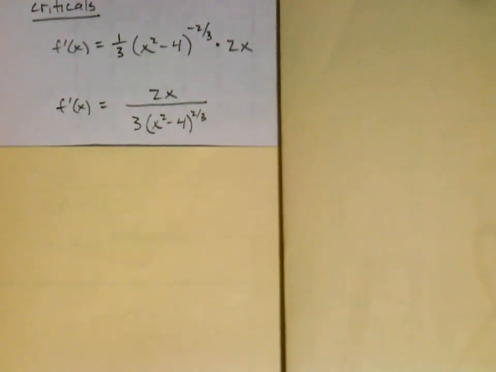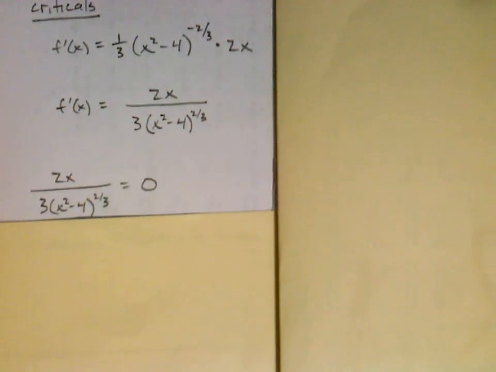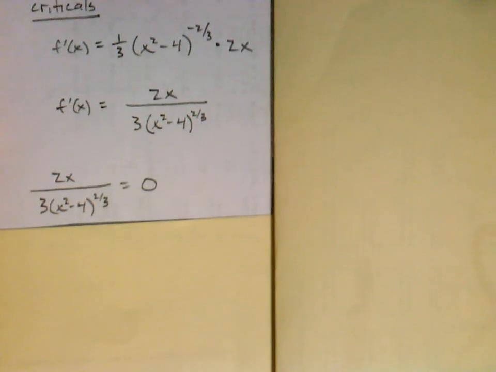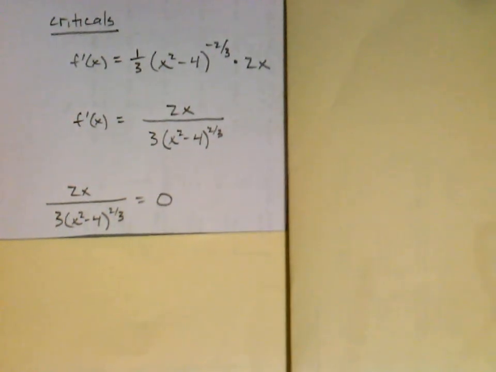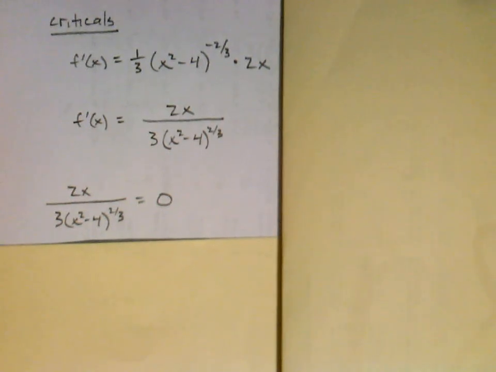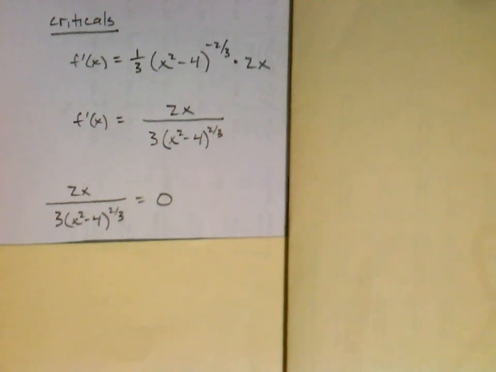Cover up what I've got over on this side. We need to set that thing equal to 0 and solve for x. Okay. Well, this can be a bit intimidating.